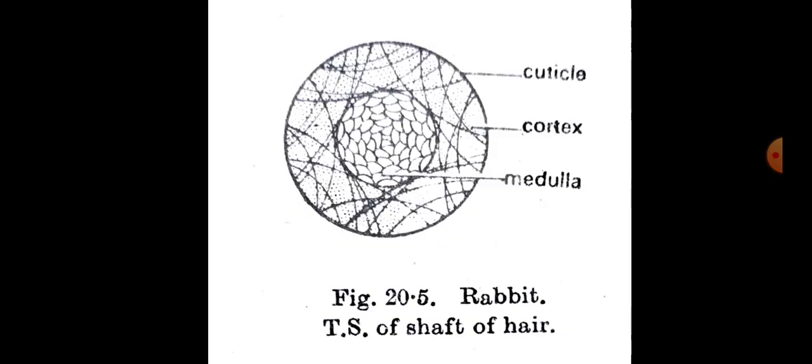Here we can see the TS of shaft of hair. In the center of the shaft, pith or medulla is present, which consists of rounded cells.